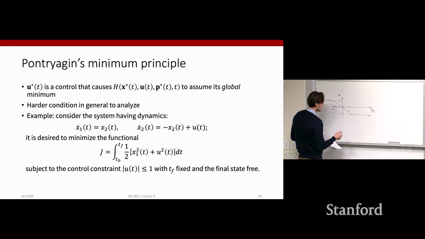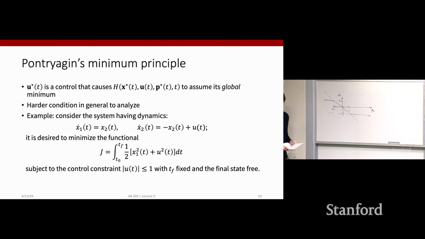Now, of course, if we didn't have those bounds, our optimal control would just be the linear part. Right? Okay, any questions on this? Yeah. I understand this is like the third condition of the Pontryagin check. What about the other two?